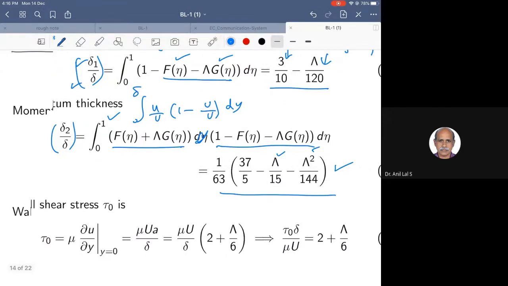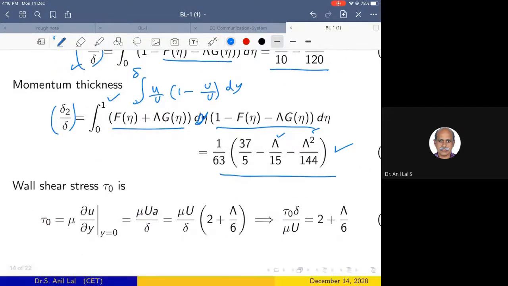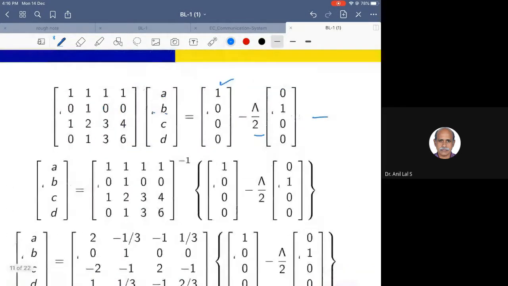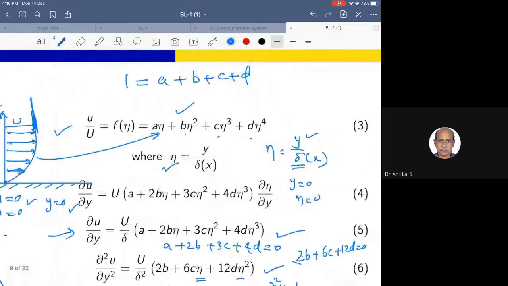And tau 0 is equal to mu into ∂u/∂y at y equal to 0, and the ∂u/∂y expression is here, and that is the expression. y equal to 0 means eta is equal to 0, so it will give U a by delta.